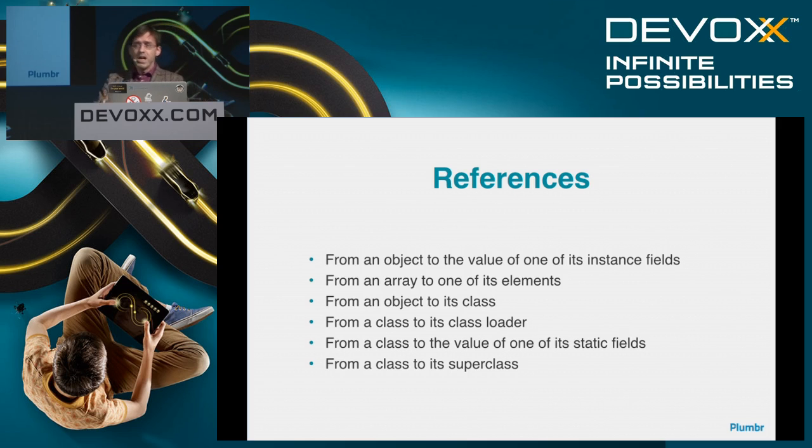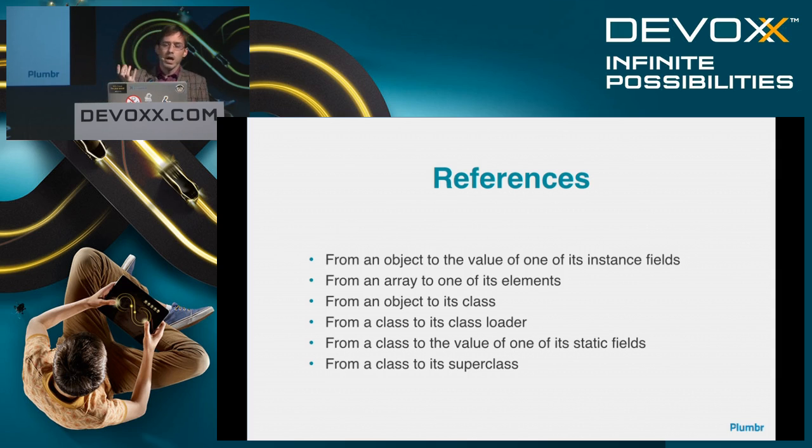The most common one: you have an object, you have fields in those objects. So you have a reference from an object to its instance field. That's simple, the most common reference from one object to another. You have references from an array to its elements, simple. You have a reference from every object to the class of that object.